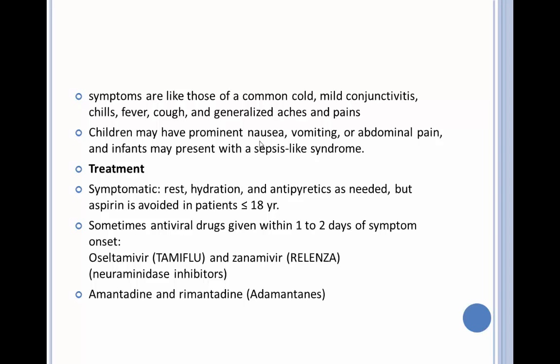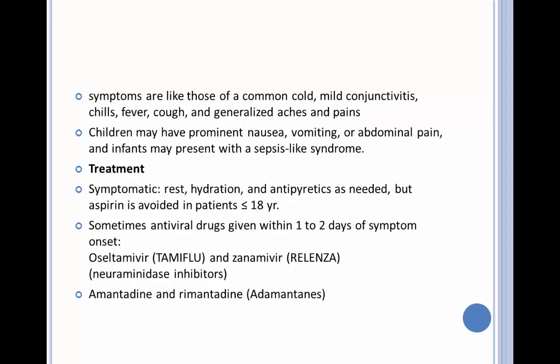But again, there's no need to do a chest X-ray unless the patient has signs and symptoms of the lower respiratory tract, such as dyspnea, rales, hypoxemia, productive cough, or high fever. Treatment is mostly symptomatic. Try to avoid aspirin in children less than 18 years of age because of Reye's syndrome.